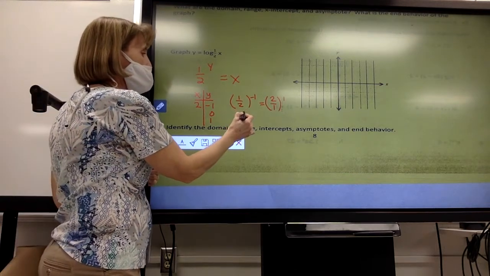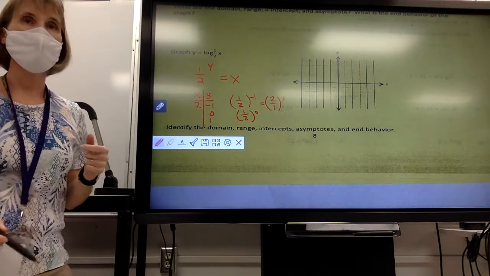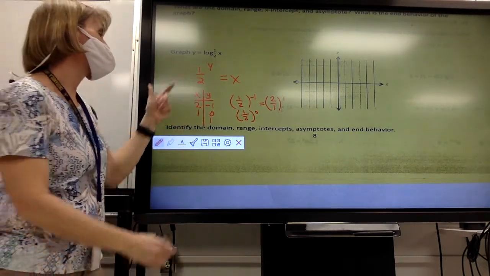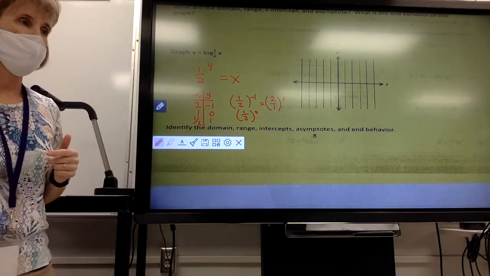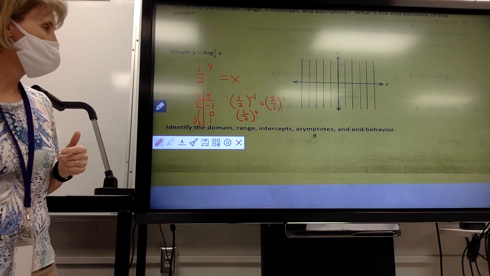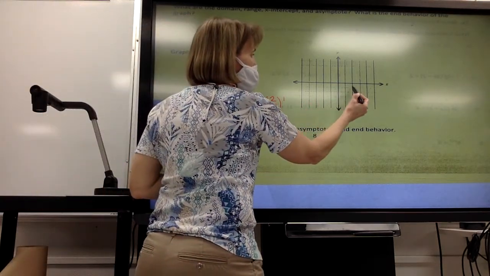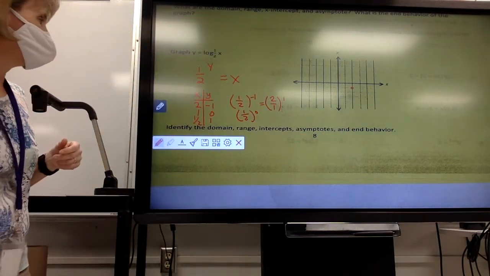If I take 1/2 and I raise it to the 0 power, anything to the 0 power equals 1. And if I take 1/2 and I raise it to the first power, I get 1/2. If I plot these 3 points, when x is 2, y is at -1.